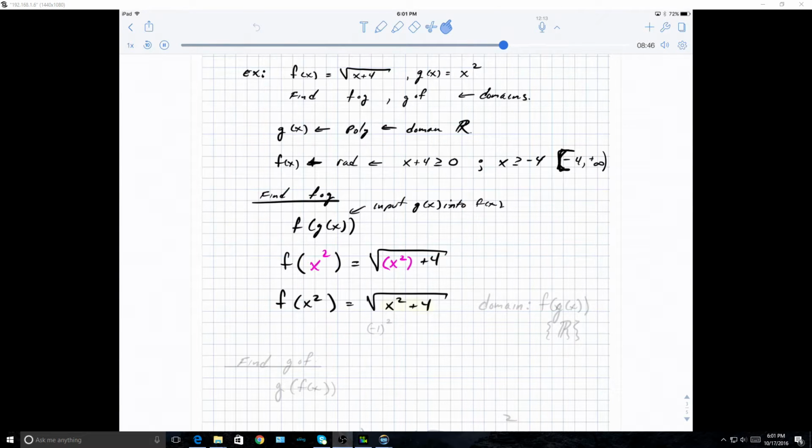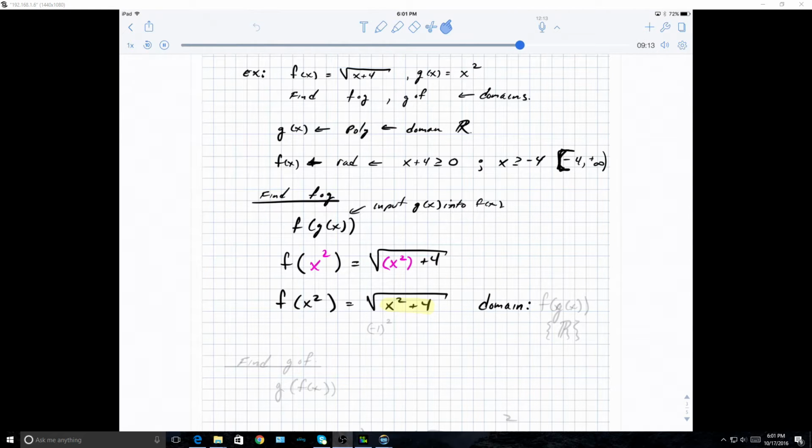Now, when looking at this, we do have to maintain the domains. So let's take a closer look at this domain. Possibly the easiest way to look at the domain here is to look at what is under the radical, or the radicand, as a polynomial function.